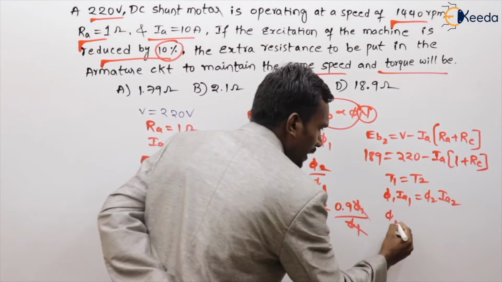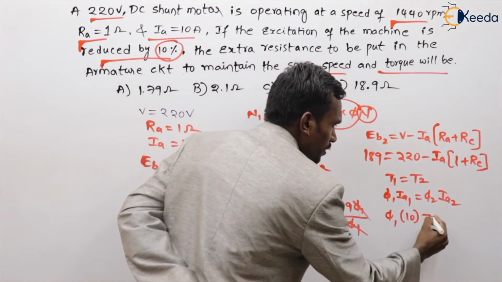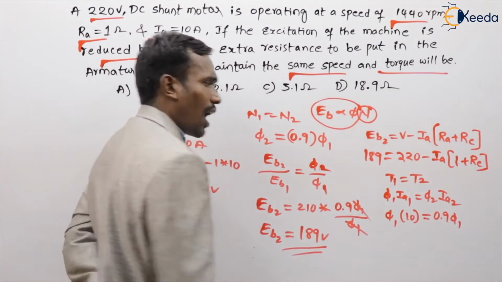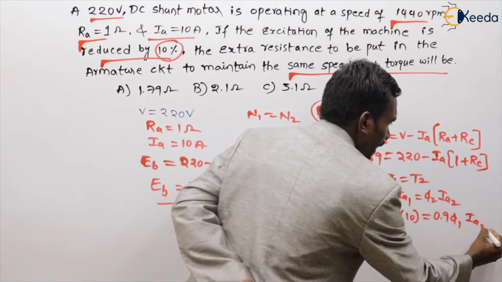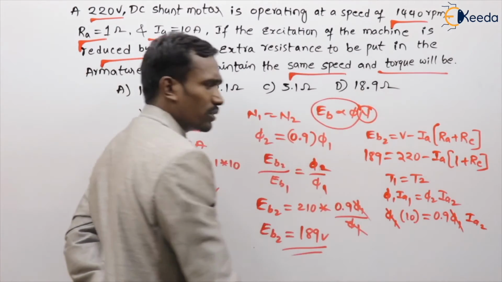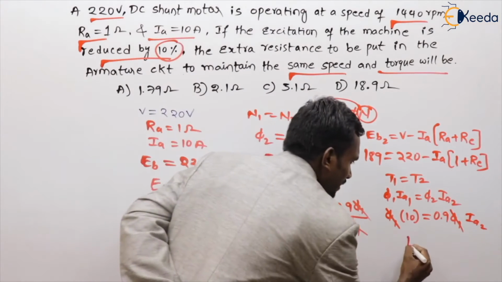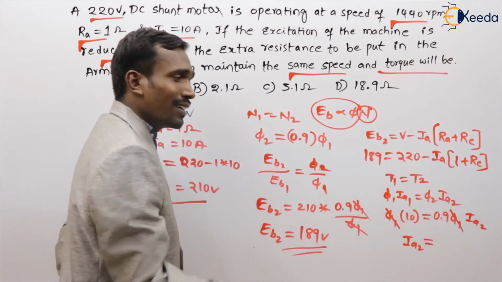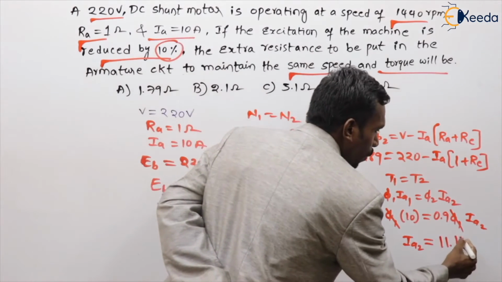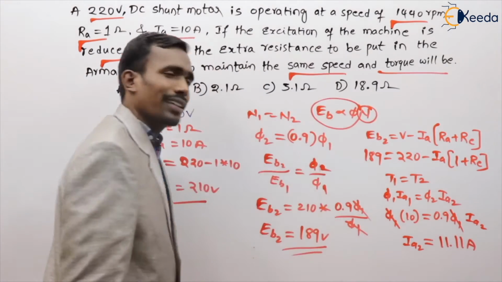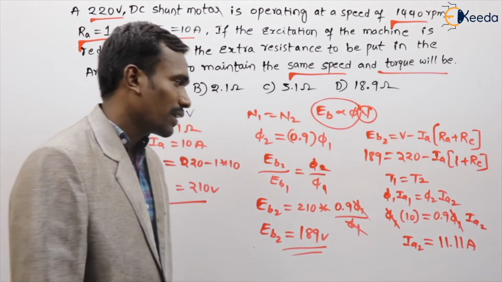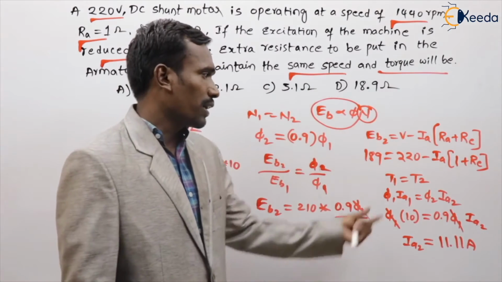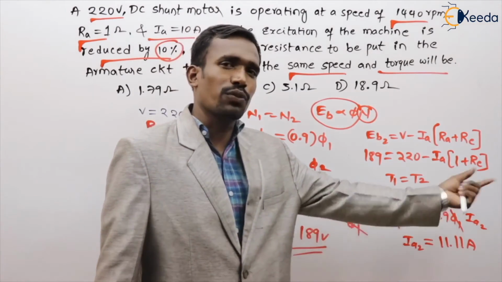Phi1 is phi1 only and IA1 is 10 amperes. Phi2 is 0.9 times phi1 and IA2 we have to find out. Phi1 cancels out. Then IA2 is equal to 10 by 0.9, which is 11.11 amperes. Because torque is the same, phi1 IA1 is equal to phi2 IA2.